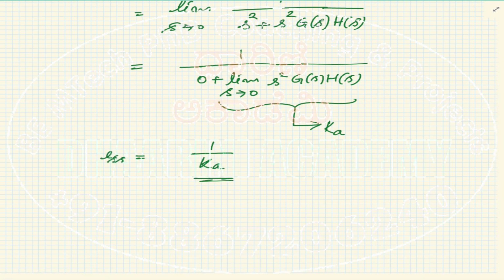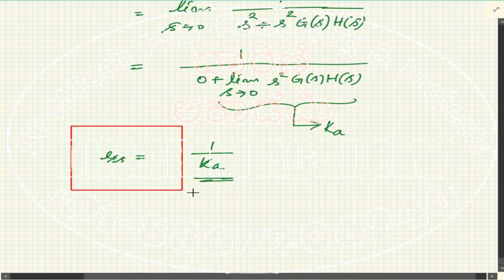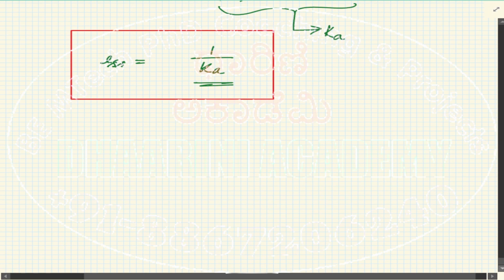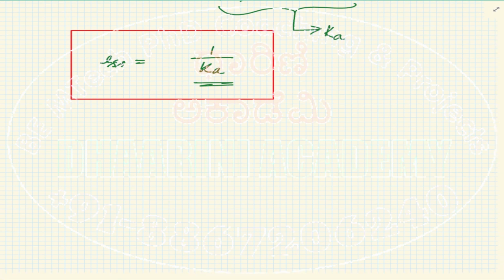So when the input is a parabolic input, the steady state error becomes 1 by Ka, where Ka is the acceleration error constant.